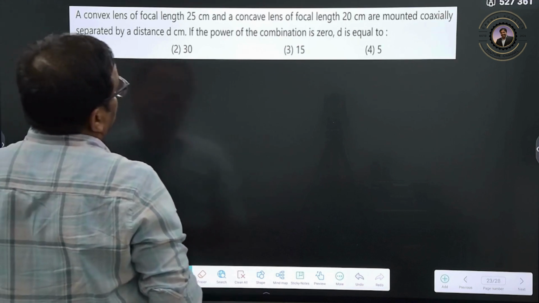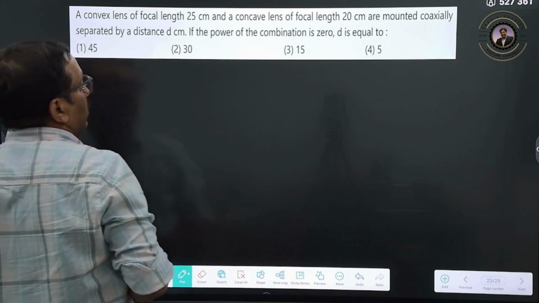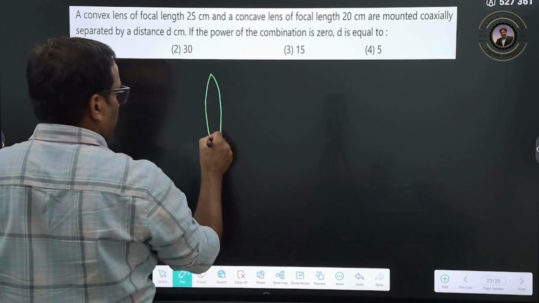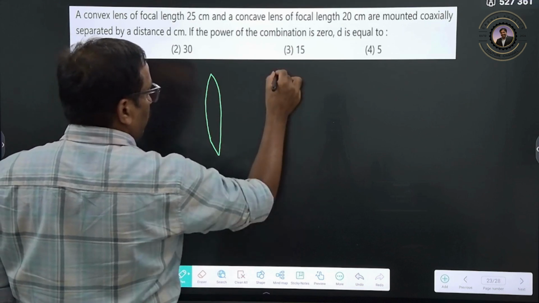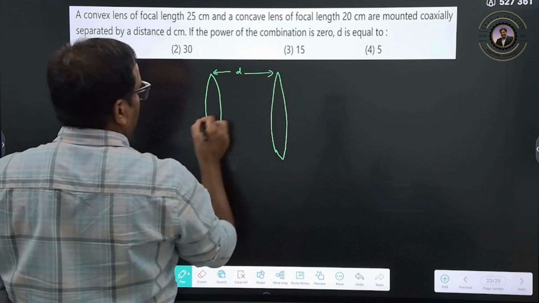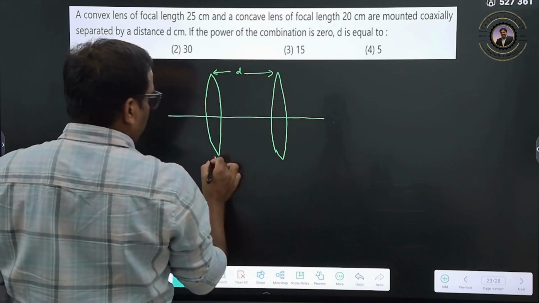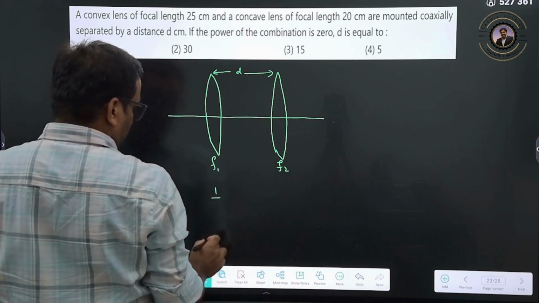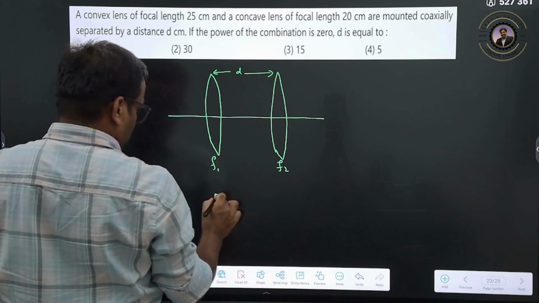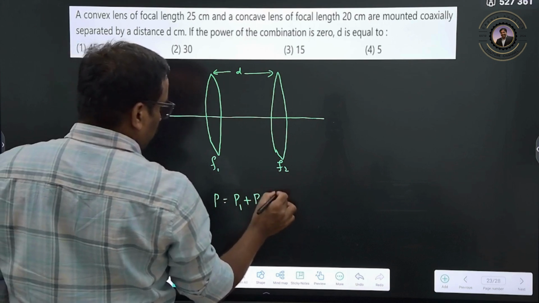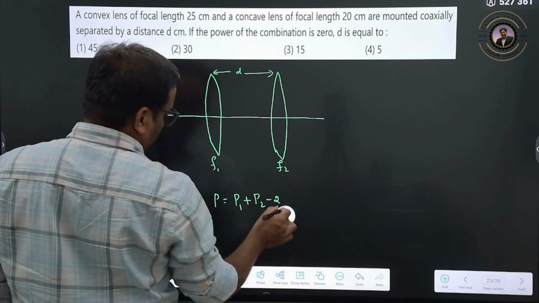For this type of questions, we should have one formula. This is one lens, another one more lens, separated by distance d. Here the focal lengths are f1, f2. So we can write the power of the combination as power 1 plus power 2 minus d into p1 p2.